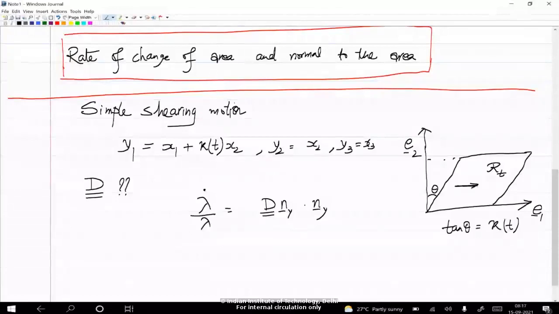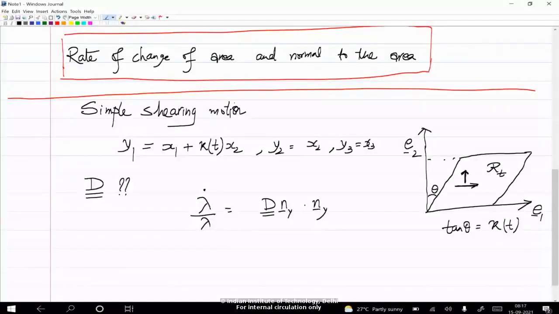But what can you say about a line element which is at the current instant along E2? So how was this line element earlier? Was it also along E2? Can anyone tell me? So how was this looking like earlier?